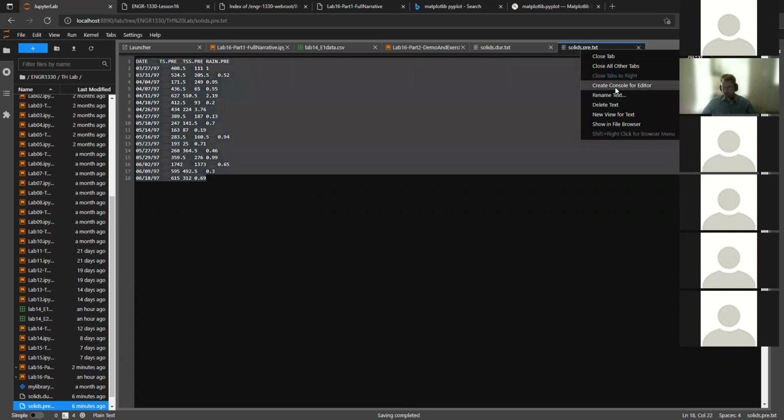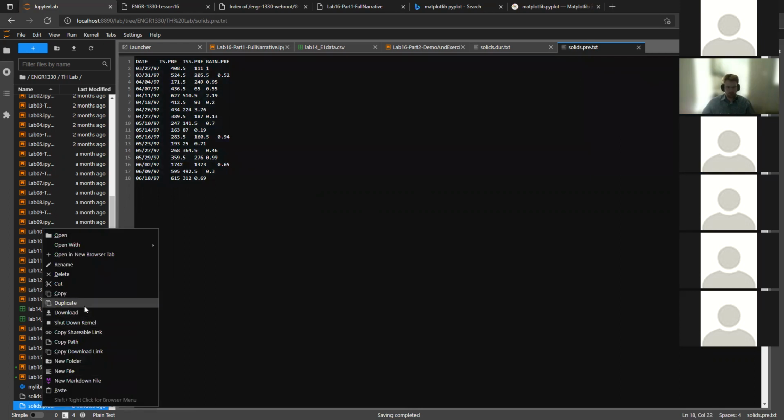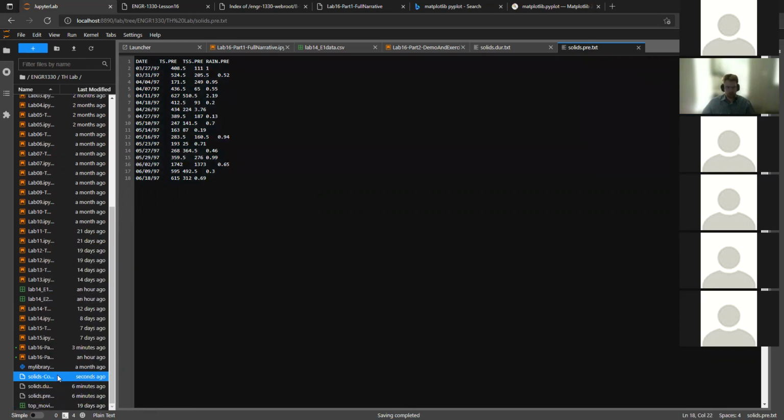What I could do, I think, is I'm gonna duplicate this, and I'm gonna say, oh man, that would be a giant pain. What I was gonna try to do was delete these two columns, but I can do that with code.